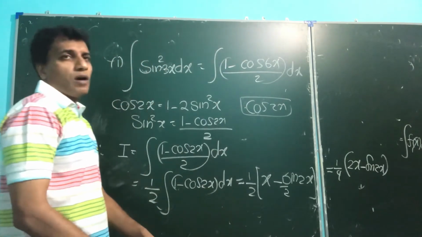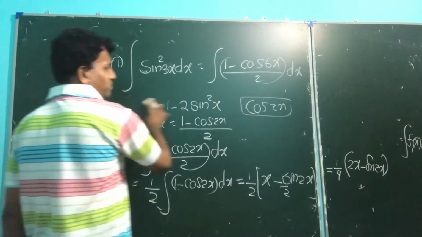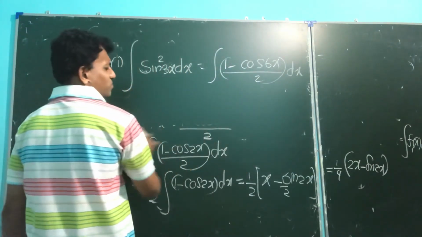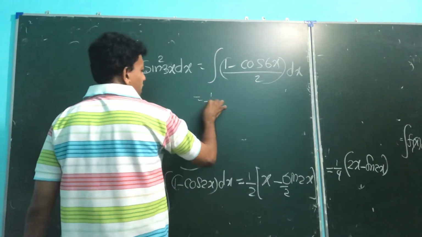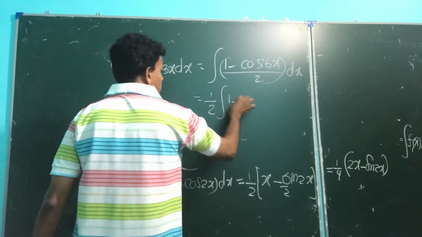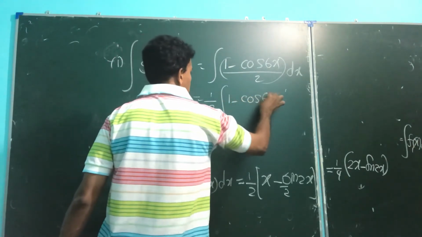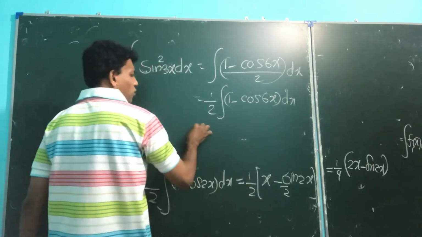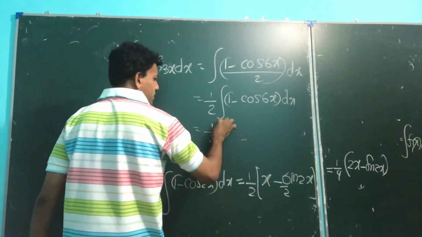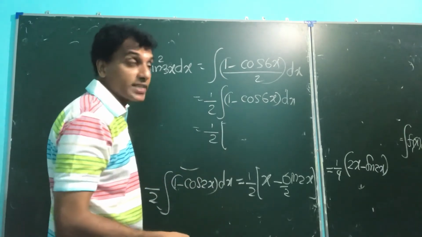Okay. Now integrate. So take the half, integral 1 minus cos 6x into dx. Therefore half into what is inside? The integration of 1 is x.